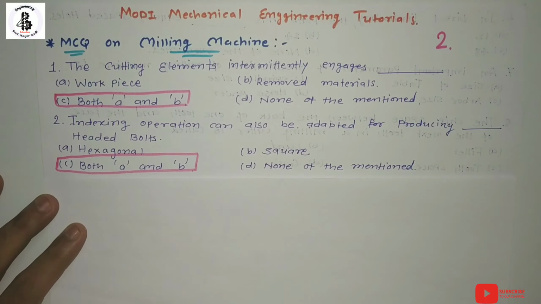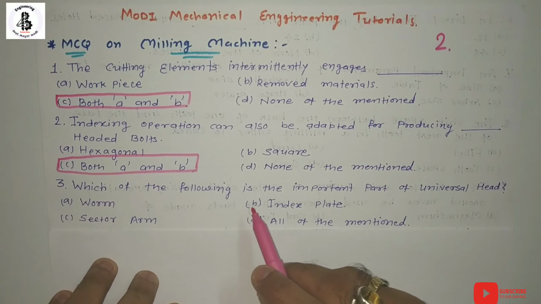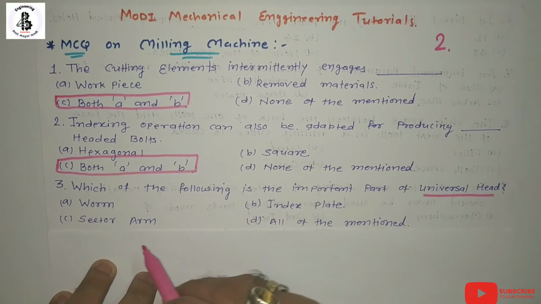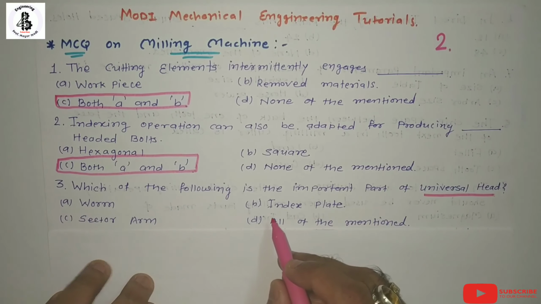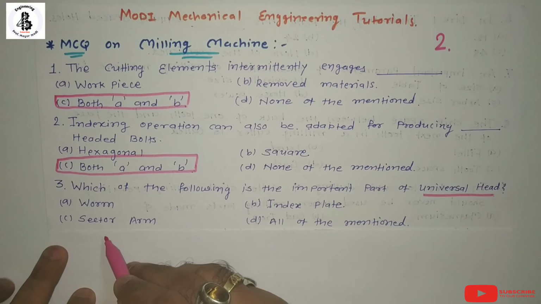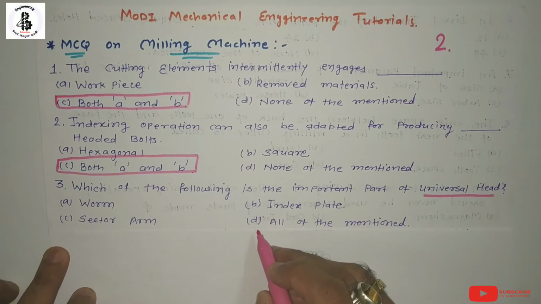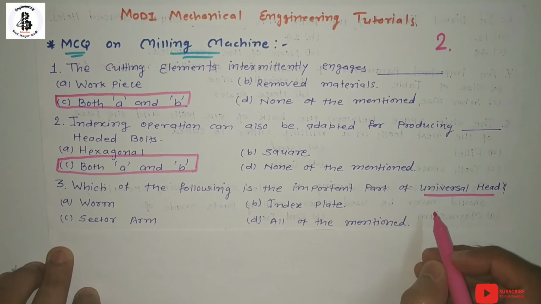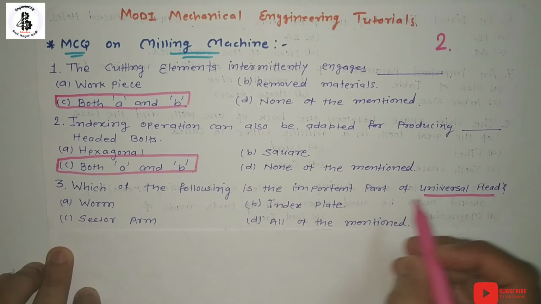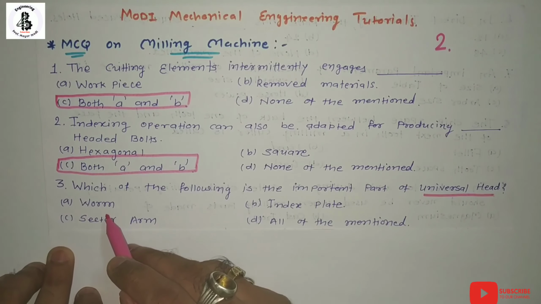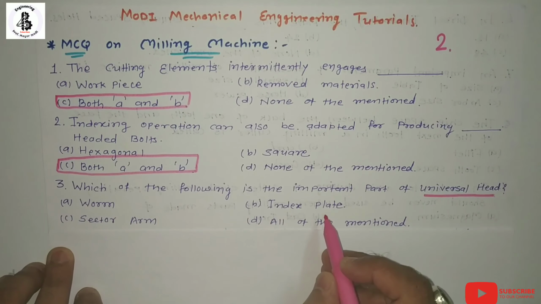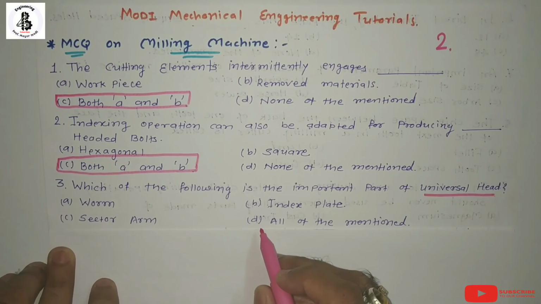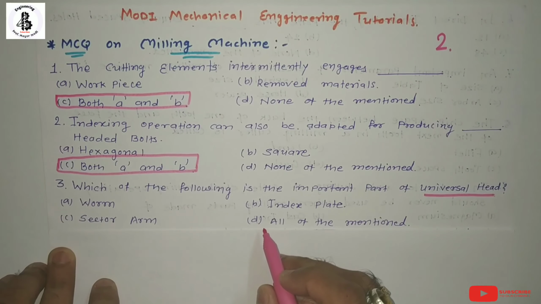The next, which of the following is the important part of universal head? Option A, worm, option B, index plate, option C, sector arm, and option D, all of the mentioned. So basically, in the construction of universal head, all three, like worm and worm wheel, index plate, and sector arms, are used for dividing our periphery into equal number of required parts.